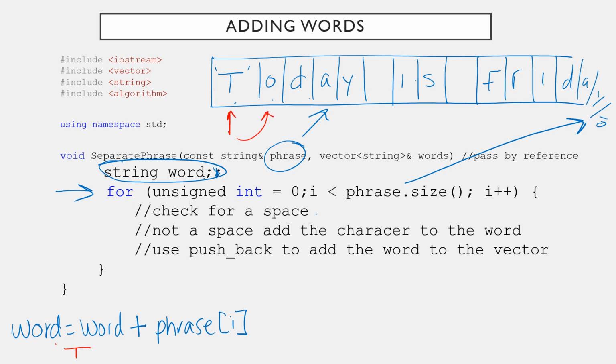It's not a space, it's going to put the O. It's going to go to the next one, D. The next one, A. The next one, Y. Then it's going to find a space.